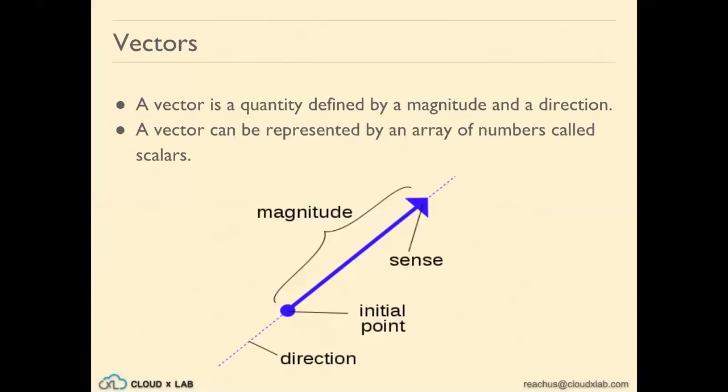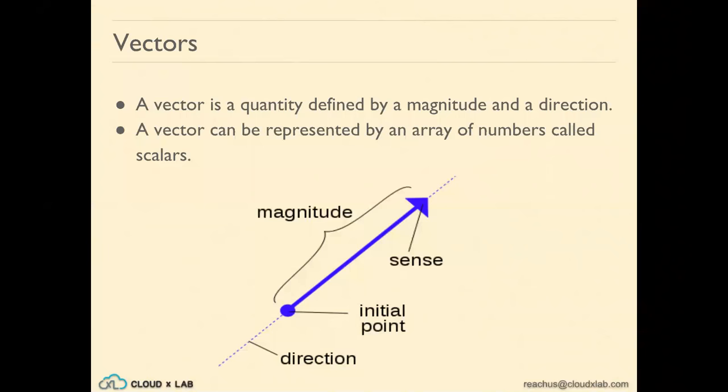Let me define something called a vector. A vector is a quantity defined by a magnitude and direction, right? This is something which we studied earlier in physics. A vector can be represented as an array of numbers called scalars, so the NumPy array could be used quickly to represent vectors.